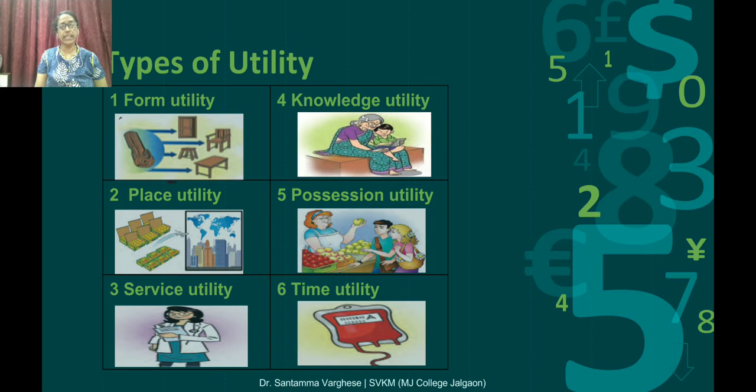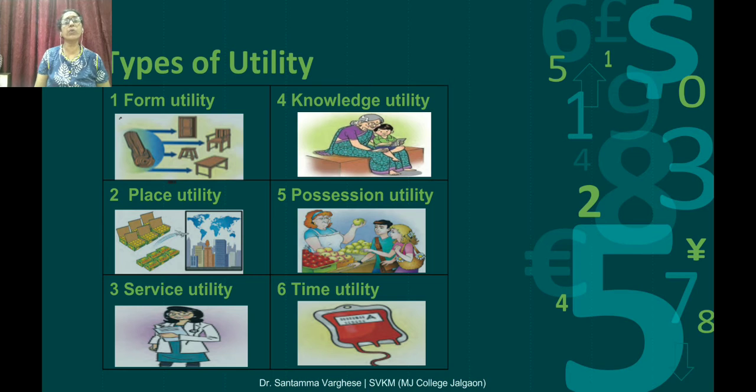When utility is created due to the change in the shape or structure of an existing material, it is called form utility. Examples: furniture made from wood, toys made from clay, pots, and different things around us.